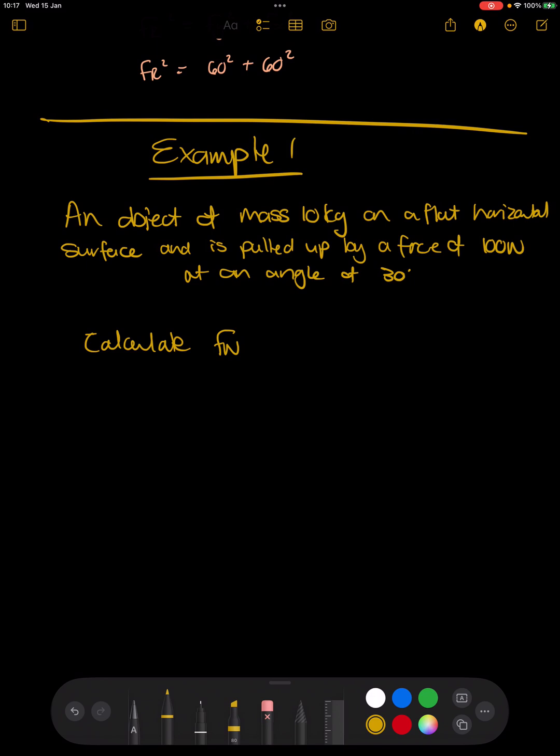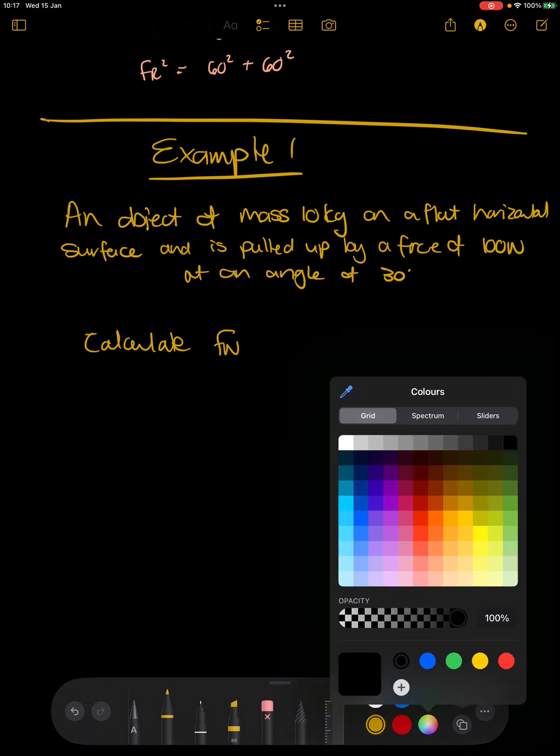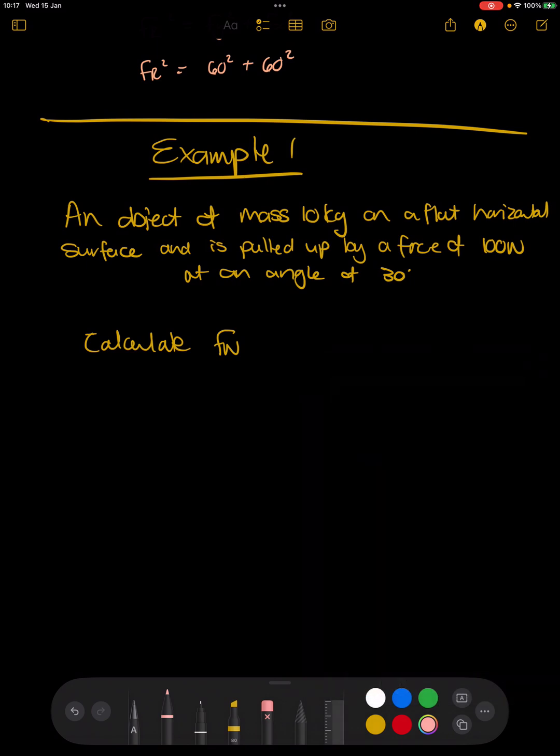We need to calculate my normal force. So what I'm going to do is draw this. I'm going to represent this.